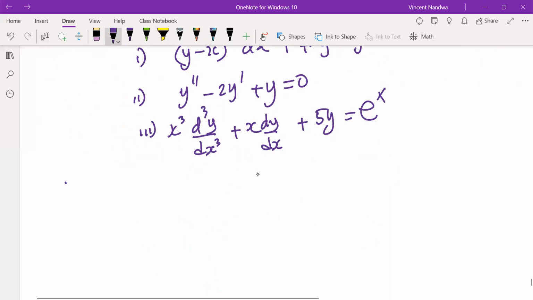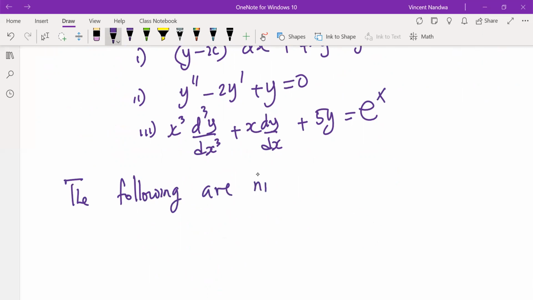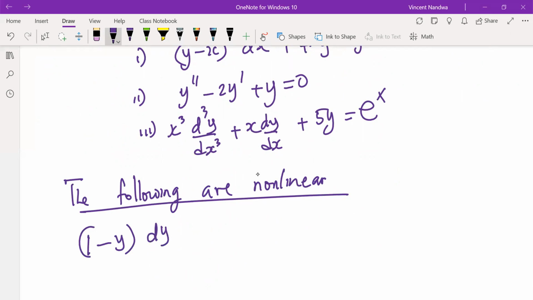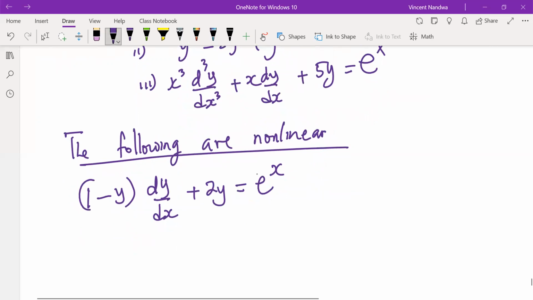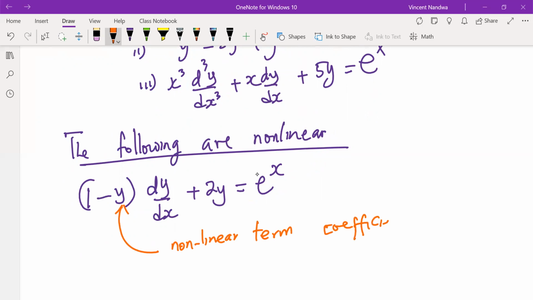But the following are nonlinear. So if I have 1 minus y dy/dx plus 2y equals e raised power x, the nonlinearity comes from the fact that the coefficient of dy/dx depends on y.